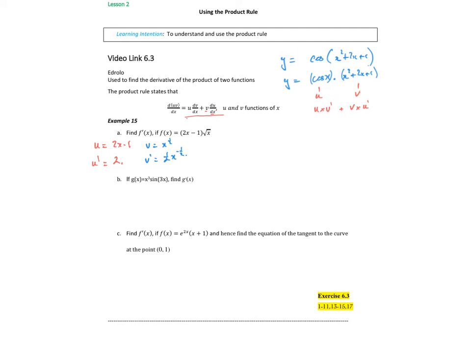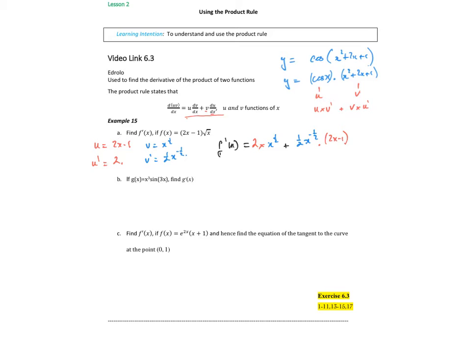So now my derivative, f dashed of x, is equal to, I always tend to go the derivative of the first, 2, times the second function, which is x to the half, plus the derivative of the second function, 1/2 x to the minus a half, times the first function, which is 2x minus 1.